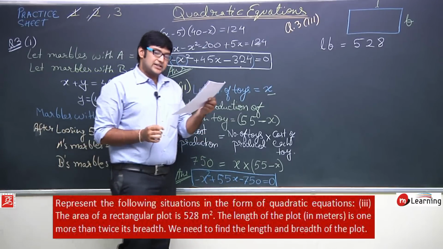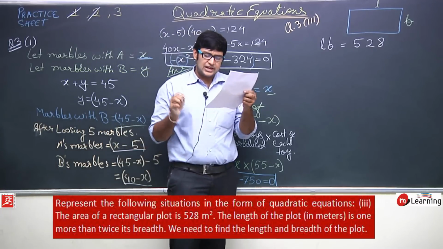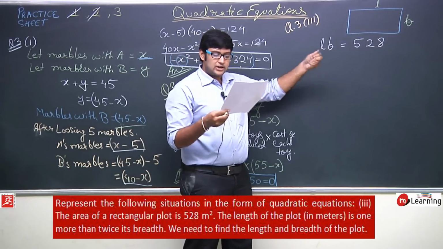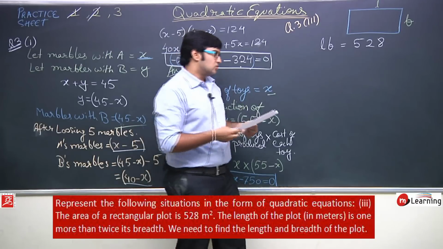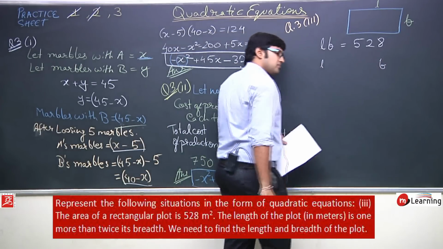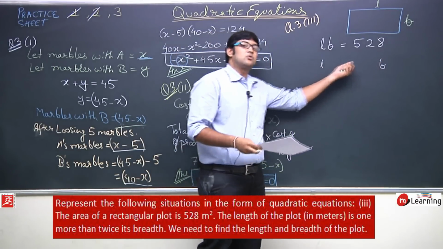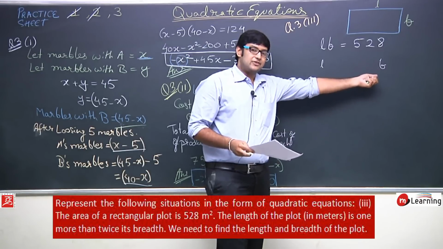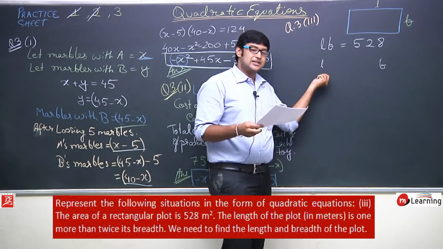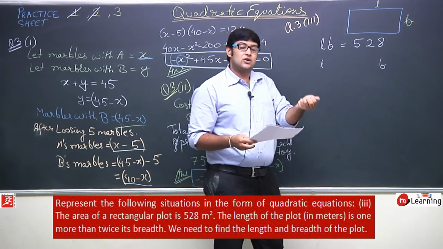Now one more condition is given. The length of the plot is 1 more than twice the breadth. So this is length L, this is breadth B. Length is more than breadth. It says length is 1 more than twice the breadth.